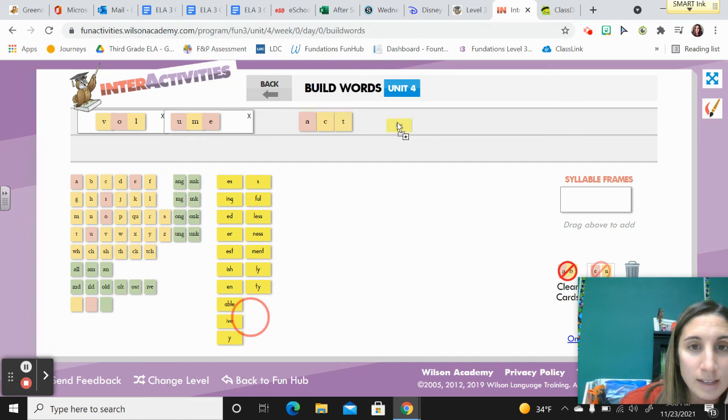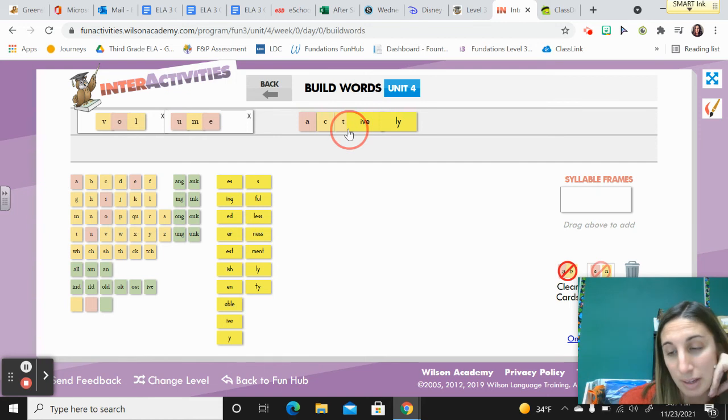There it is. Active. Ly. Right? Active. Actively. Very good. Now we have act. Iv. Remember, iv is a vowel-consonant-E exception because it has a short I. But in this case, it's a suffix, so you would just circle it. Underline the base word, circle the suffixes.